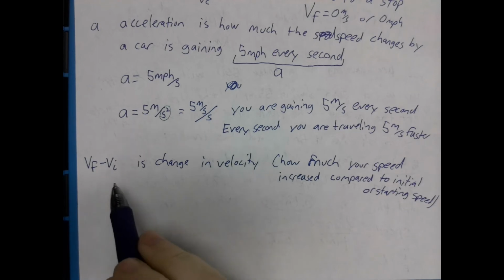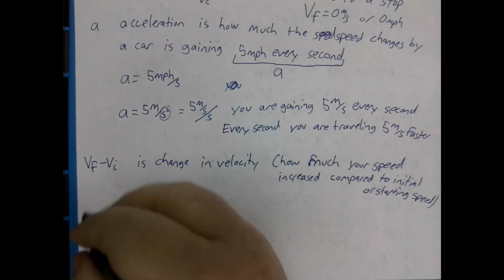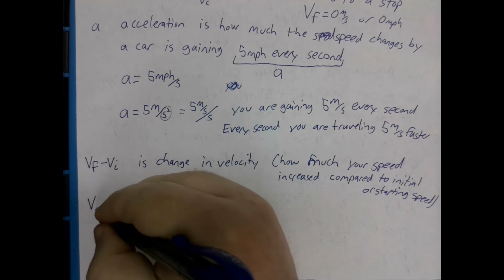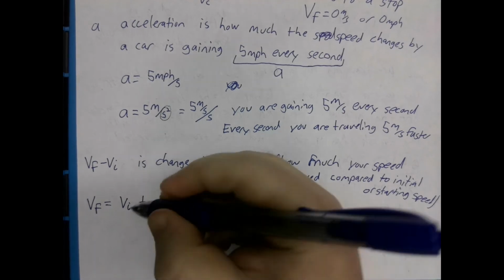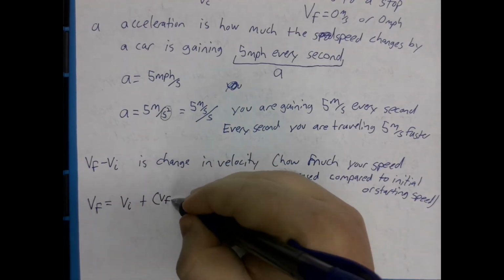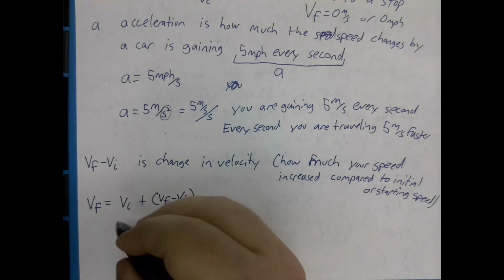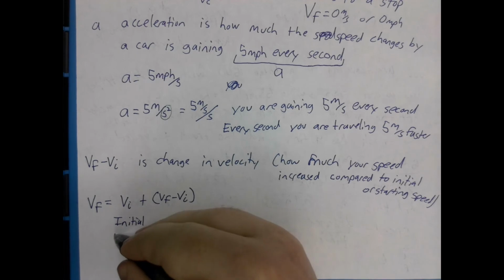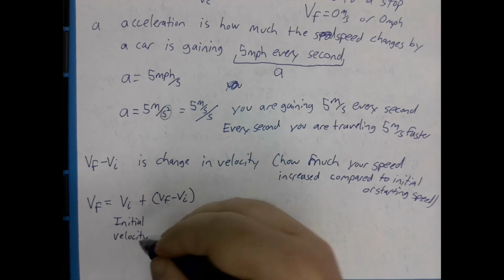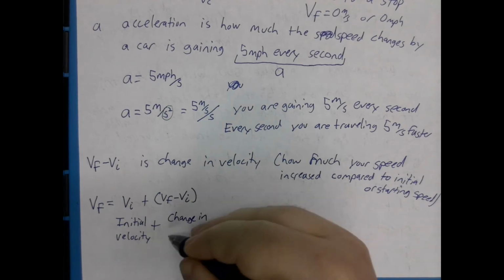So this tells you how much your velocity has changed since the start. If you want to find your final, it would be wherever you started, your initial velocity, plus your change in velocity.